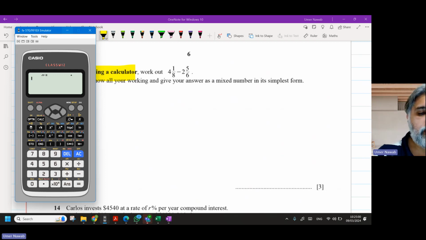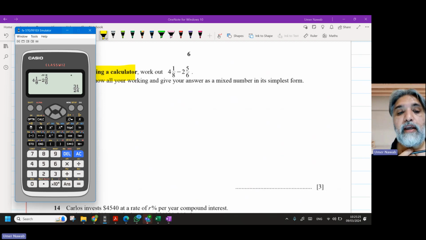How to write a mixed fraction? I told you in the last video, press shift fraction, 4 whole 1/8, then minus, again I need to write a mixed fraction, press shift fraction, 2 whole 5/6, and I get my answer 31/24. But I have to give the answer in mixed form.